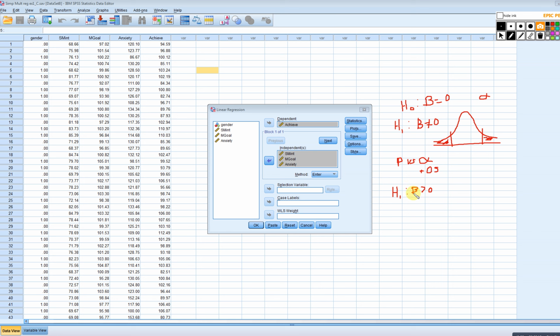Note again that we're still talking about unstandardized partial regression coefficients, and so what we observe in our data in terms of our regression coefficient is being used as an estimator of the regression coefficient in the population.